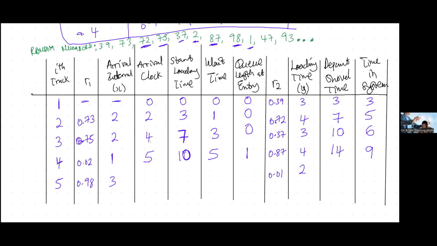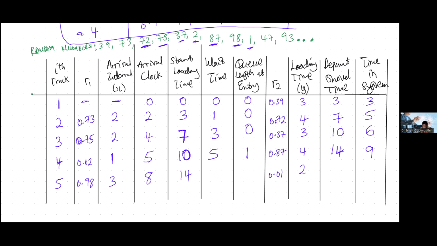Now let's see the last track. The last track, which is the 5th one, arrives in 3 minutes. When it arrived in 3 minutes, the time was already 5, so the time has moved to 8, right? But when can we start loading? We can only start loading when track 4 is gone. At 14 minutes, when track 4 is gone, that's when we can load track 5.